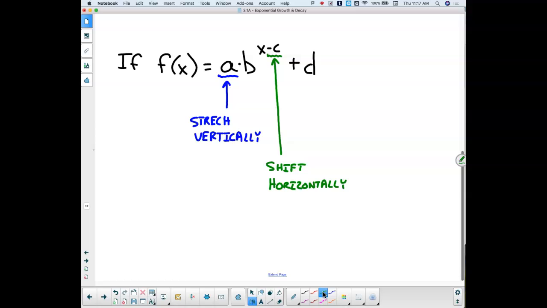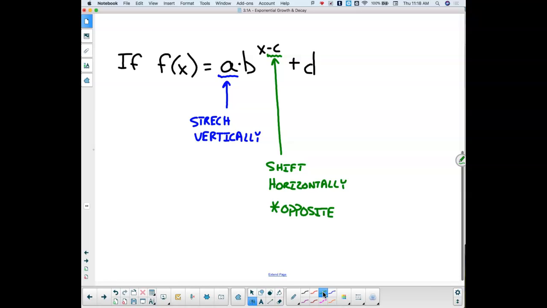In exponents, that's the case too. You have to think oppositely as to which way it's shifting. So if it's plus C, that's actually a left shift. If it's minus C, that's a right shift.